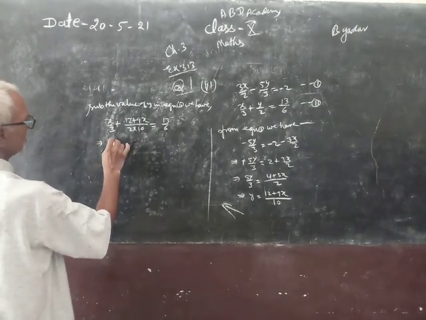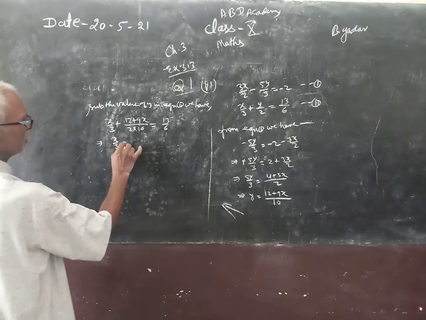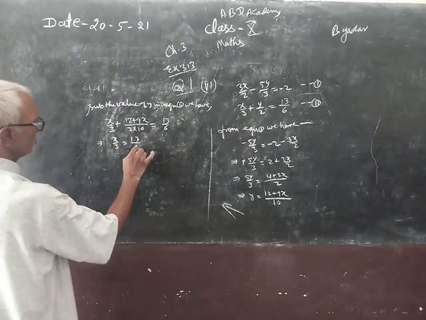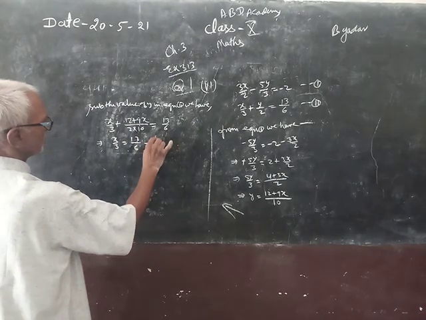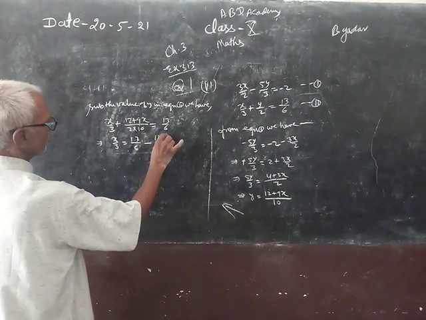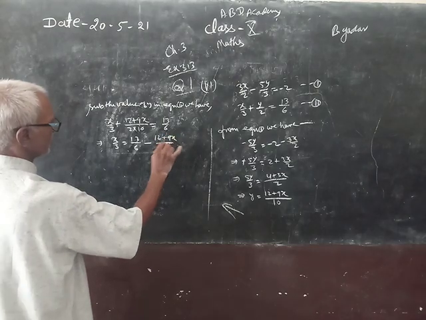This way it is x by 3 is equal to 13 by 6 minus (12 plus 9x) by 20.